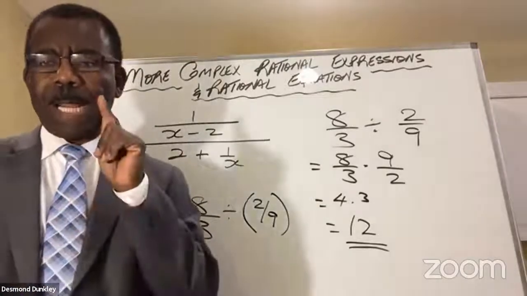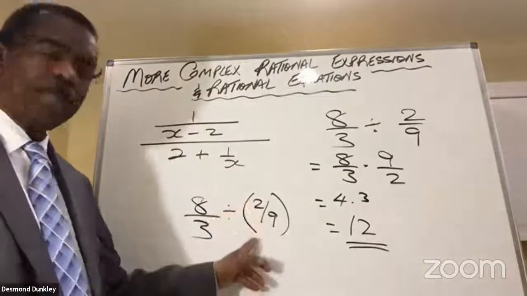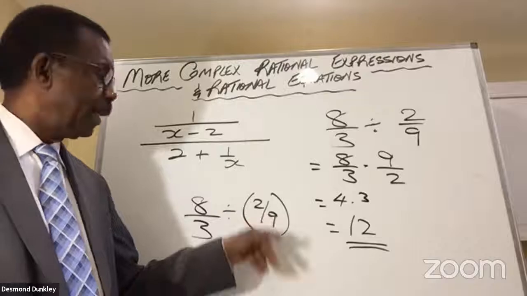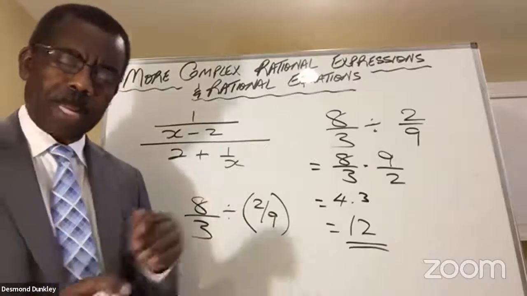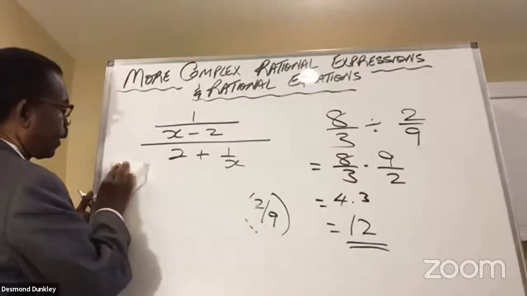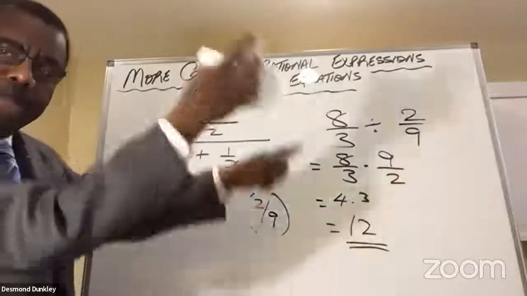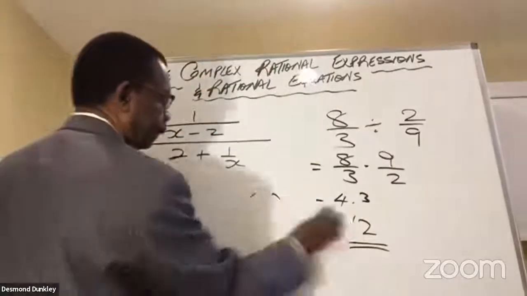As a matter of fact, I guarantee you it will give you the wrong answer. However, once you put the fraction in parentheses, it works perfectly. Okay? Good. So now let's go here. I need to convert this into one fraction, and then we can flip and multiply.